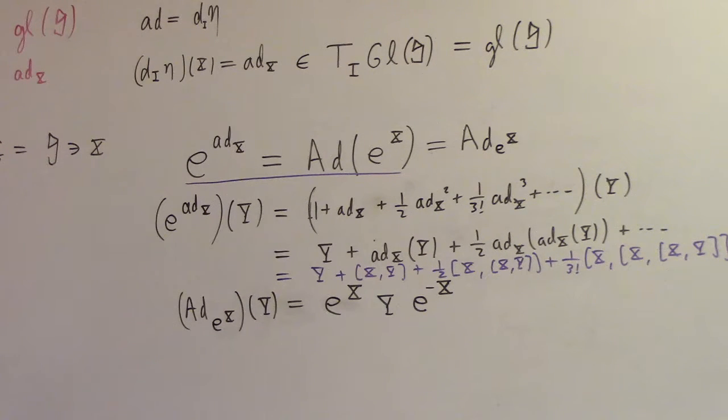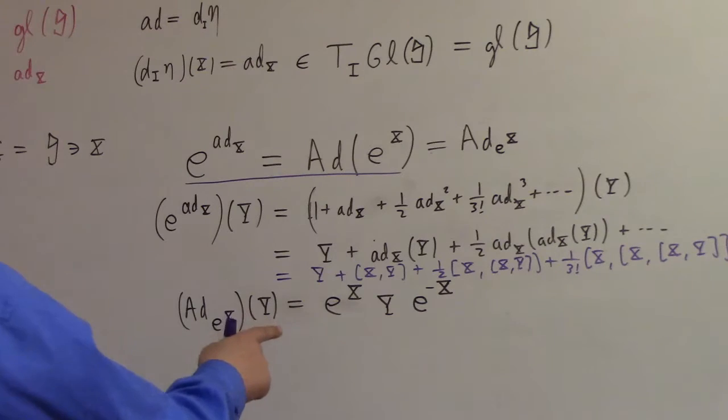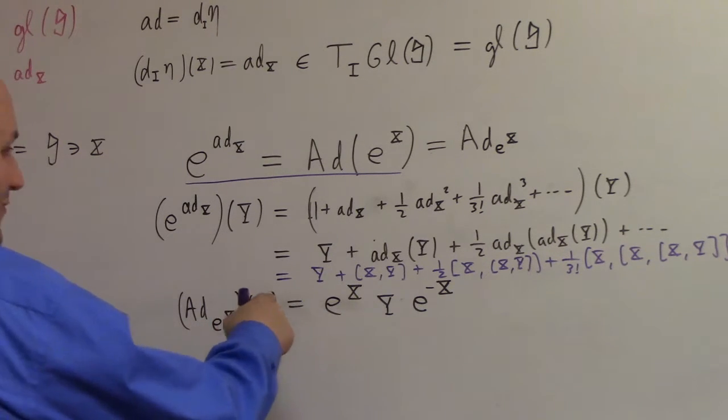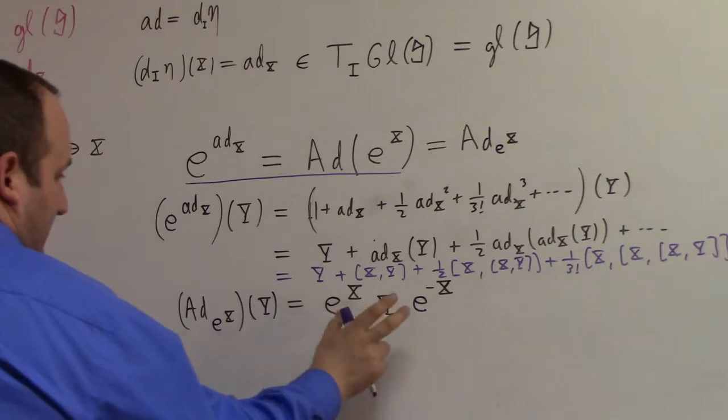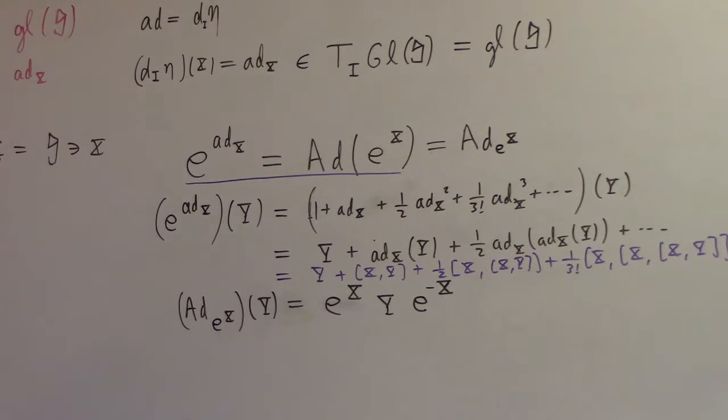I'm still not seeing how that gets us there. How do you go from what's in the purple to this thing? Let's just start telescoping, maybe?